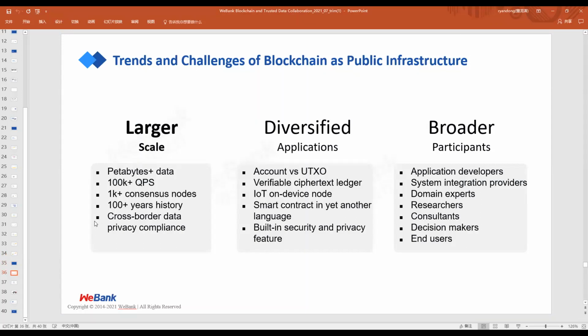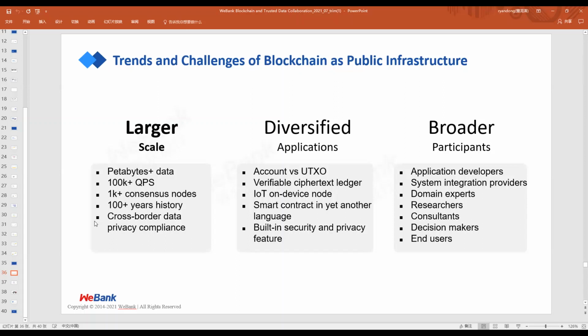So what will be the future? The first thing is we believe blockchain is not just to keep some ledger and some financial data. As a public infrastructure, it will be able to hold more data to support more applications.